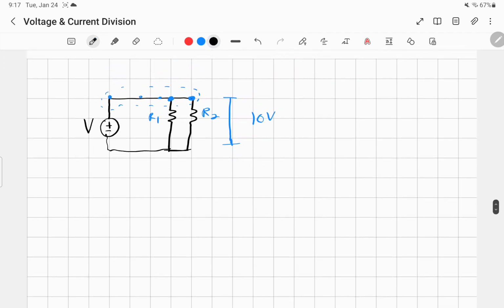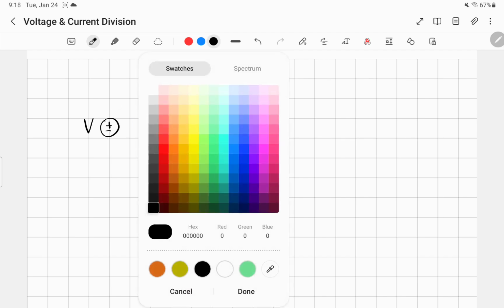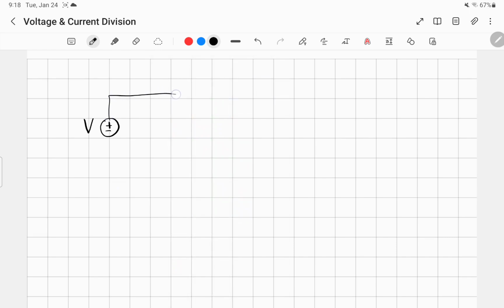Conversely, what would happen if, instead of putting them in parallel, we put them in series? As you've probably already surmised, we get the exact opposite scenario.